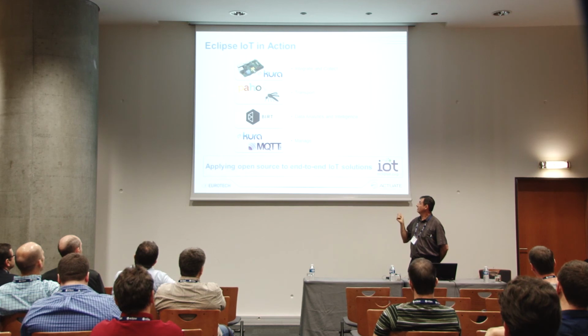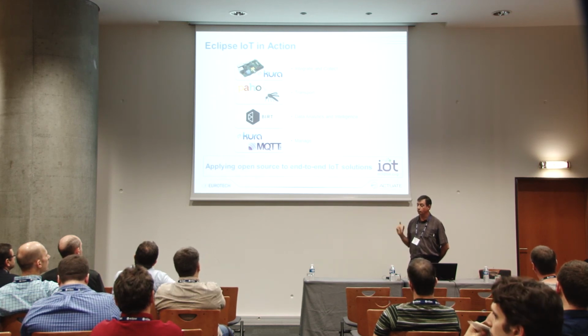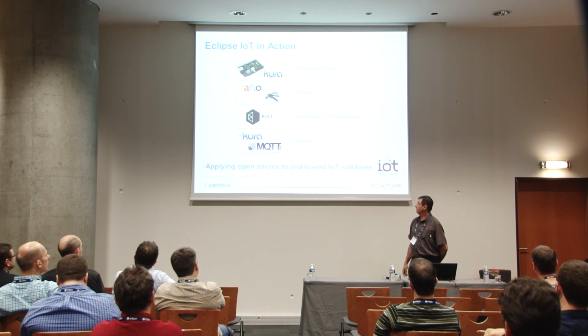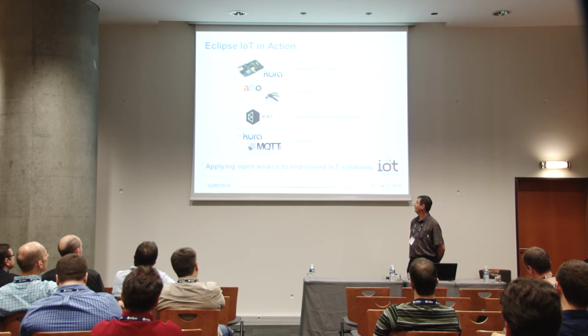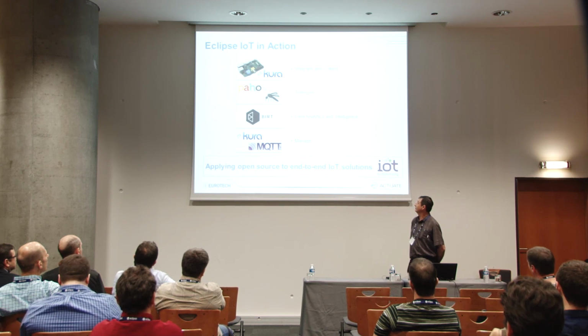When the data are sent, on the other side there is an MQTT broker, and in this case we also use an Eclipse open source broker, which you can find in Eclipse. And finally, the data are analyzed and the intelligence is taken from the data.